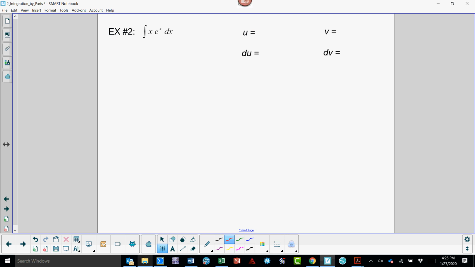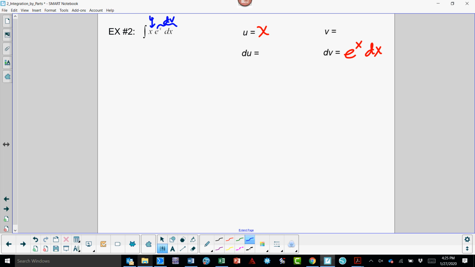And you'll see as we do examples how that makes more sense. So I'm going to let u equal x, and dv then is going to be everything else, which is e to the x dx. Okay, so those are the things that I am picking. So there's u dv. So basically I've got right here, this is u, and this whole thing is dv. So I've now rewritten it as u dv.